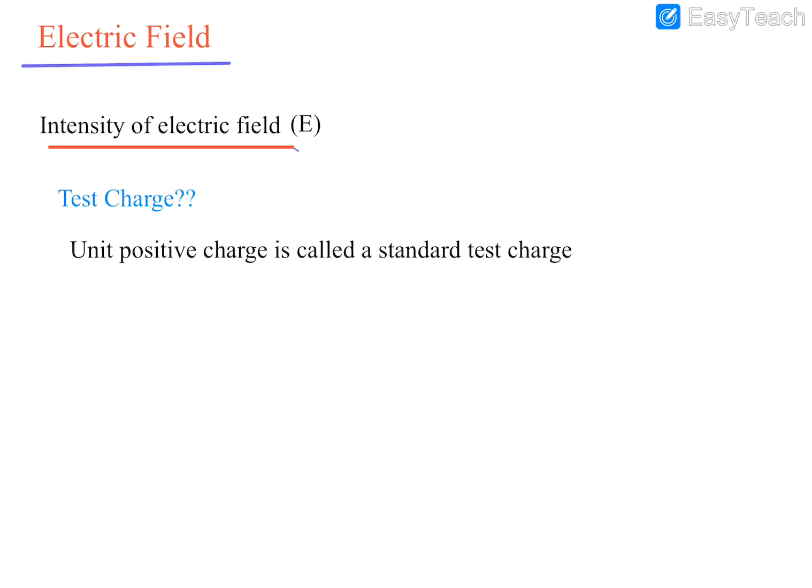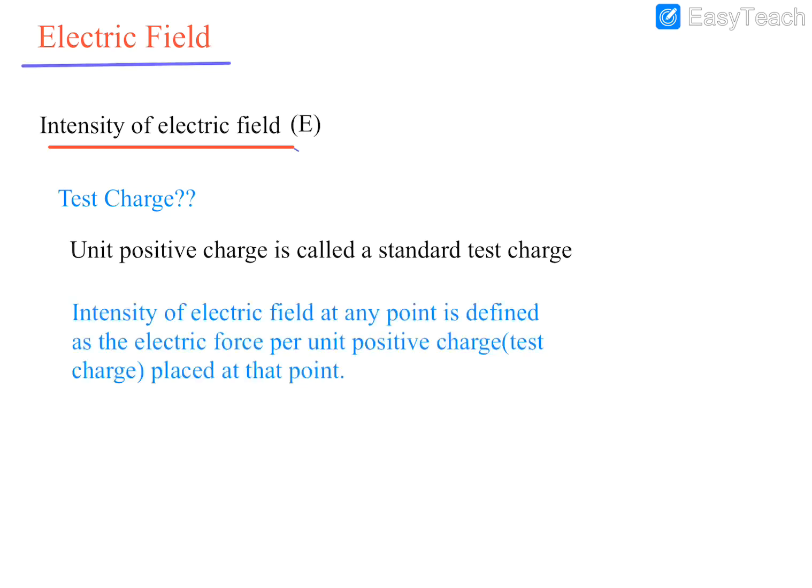So I will discuss what is meant by intensity of electric field. Okay, so this is the definition for intensity of electric field. Generally electric field is discussed in terms of intensity of electric field, and intensity of electric field at any point is defined as the electric force per unit positive charge, that means test charge, placed at that point.